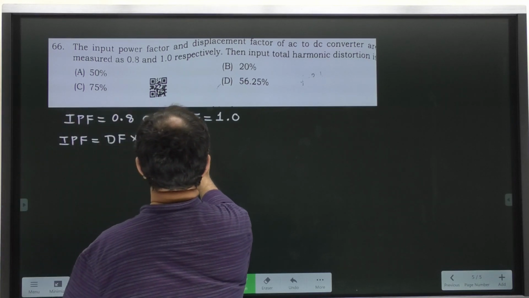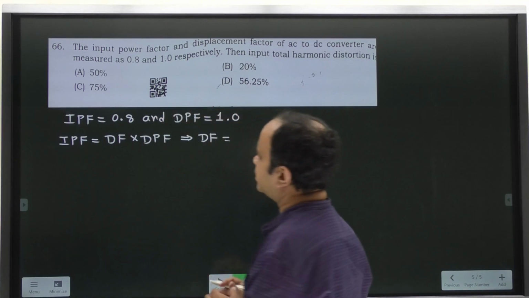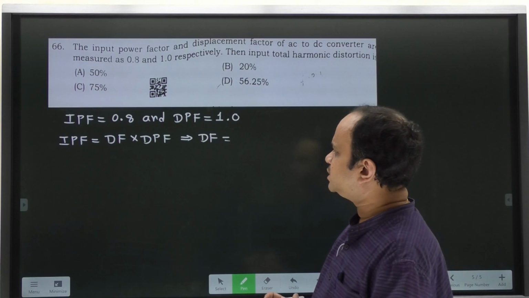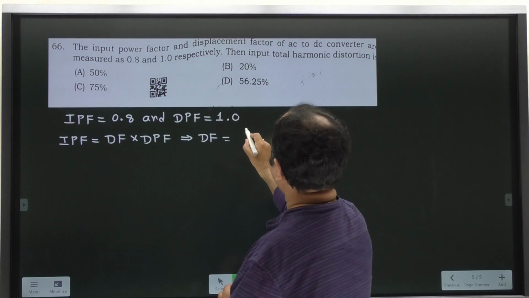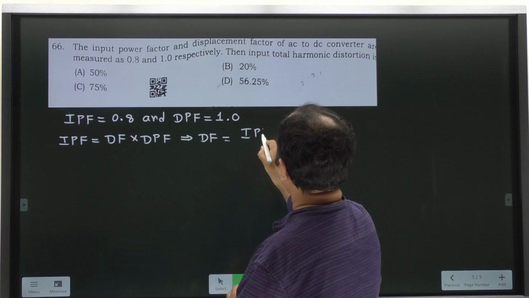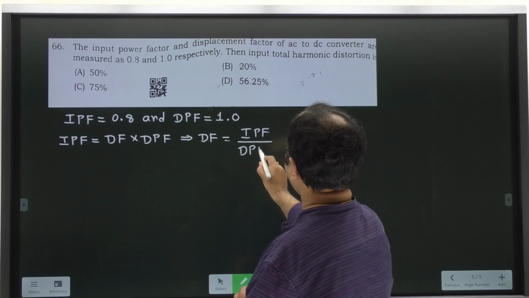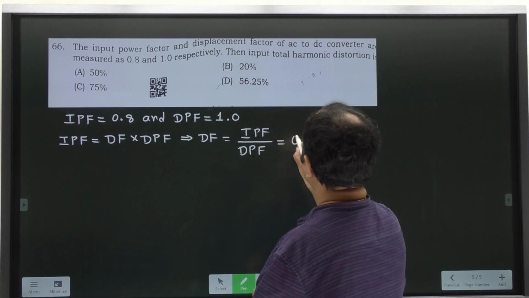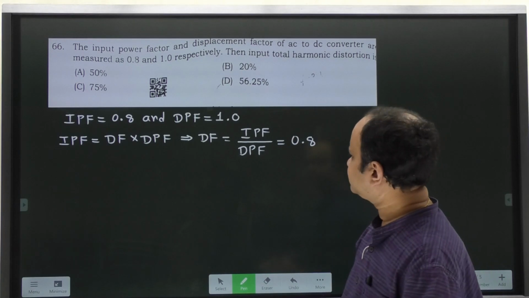So from this we can get distortion factor. Input power factor is equal to distortion factor multiplied with displacement power factor. Therefore df, I can write as IPF divided by dpf. This value you will get as 0.8.